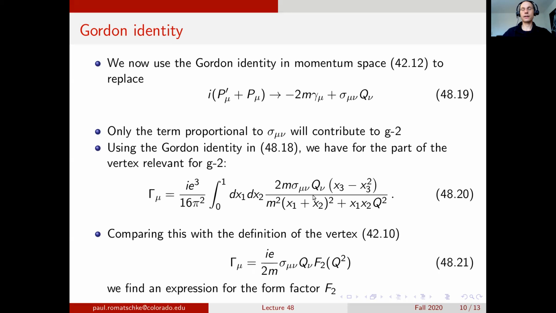We have calculated the contribution to the vertex, and this form really exists here. So we can compare these two expressions and find the explicit expression for the form factor F2. The sigma mu nu is here, the q nu is there, and then the F2 form factor must be this integral here divided by this prefactor.